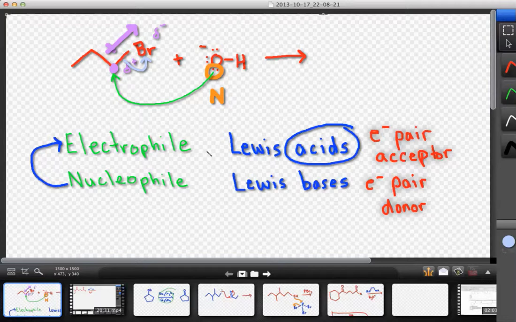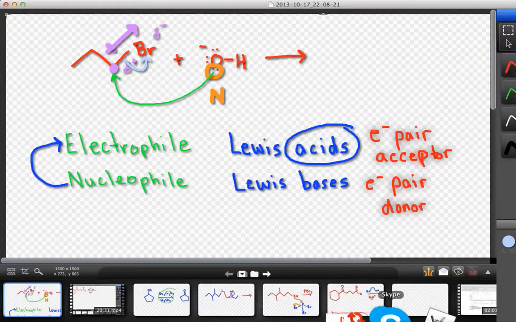Now, in terms of nucleophile, electrophile, Lewis acid, and Lewis base, the Lewis acid accepts the electron pair, so the carbon atom accepts the electron pair from the oxygen atom. Nucleophile attacks the most reactive electrophile, and then the electrophile releases the electrons that it formerly shared with the leaving group to that leaving group.